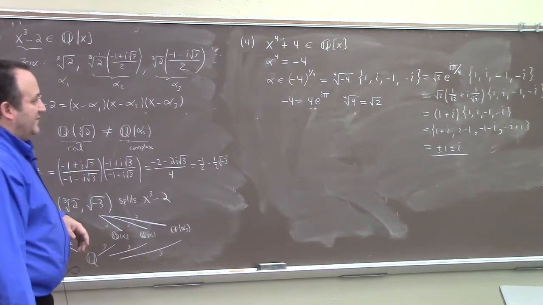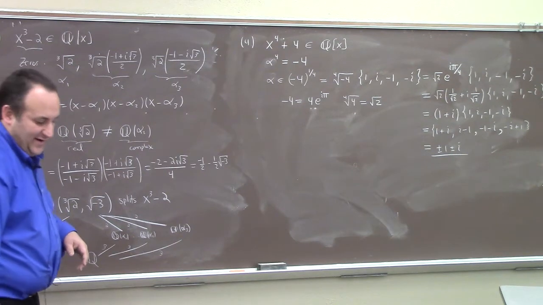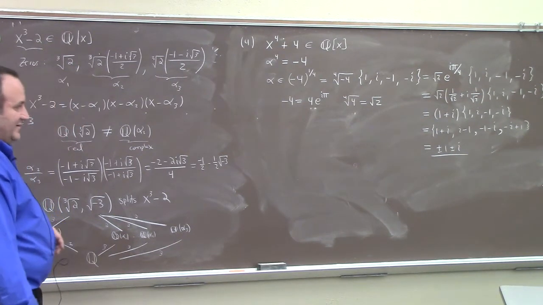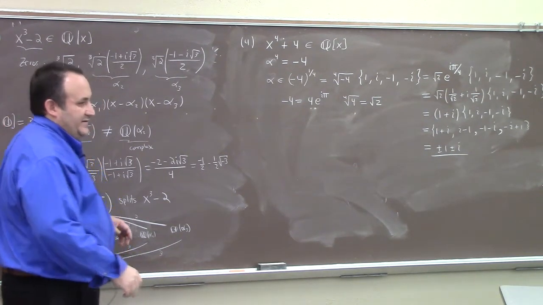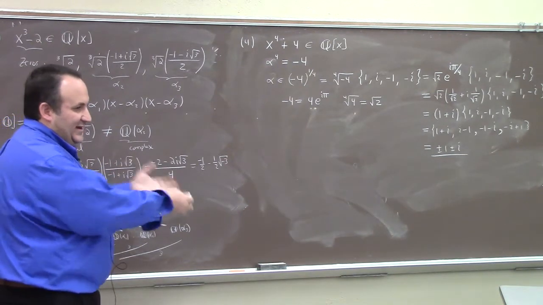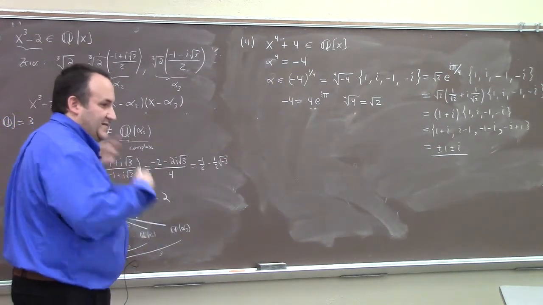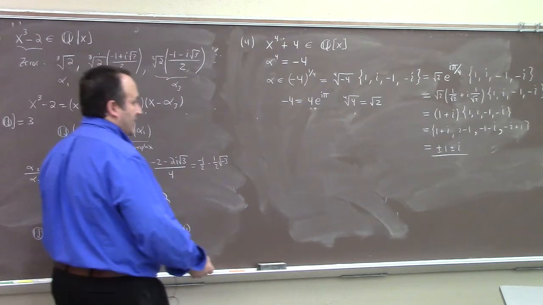Now, in Dummit and Foote, he has a connivingly tricky way of deriving this. But I'm just showing you the clunky, standard complex analysis, fourth roots of unity way to derive this.